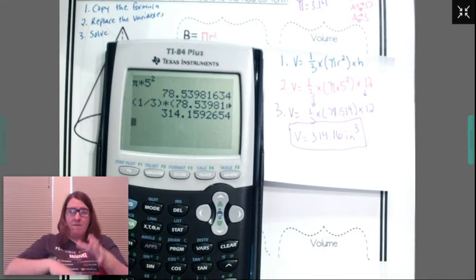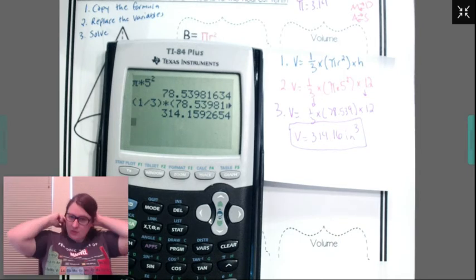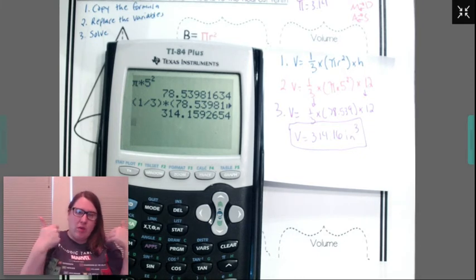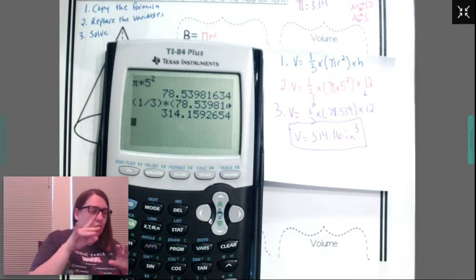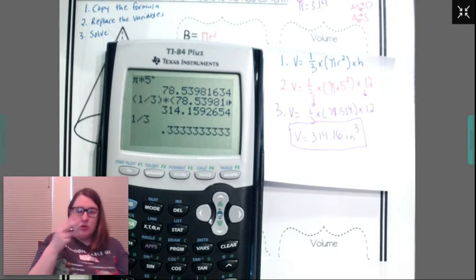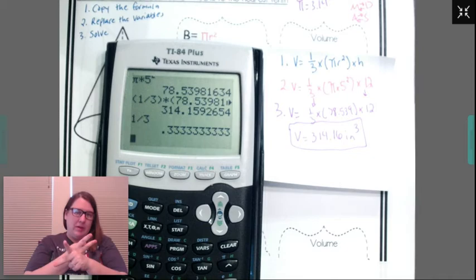So my volume is 314.16 inches cubed. So for 1/3, if you don't have a graphing calculator, what you'll do is use 0.33333 for that, then multiply.